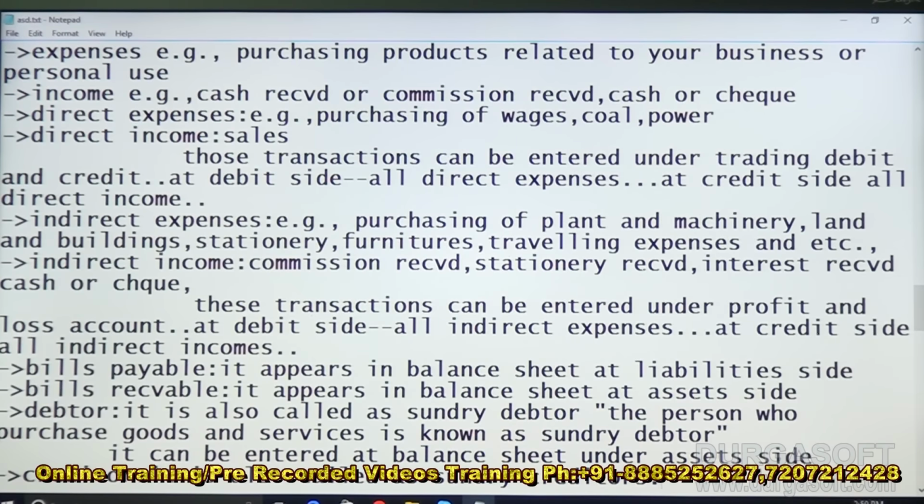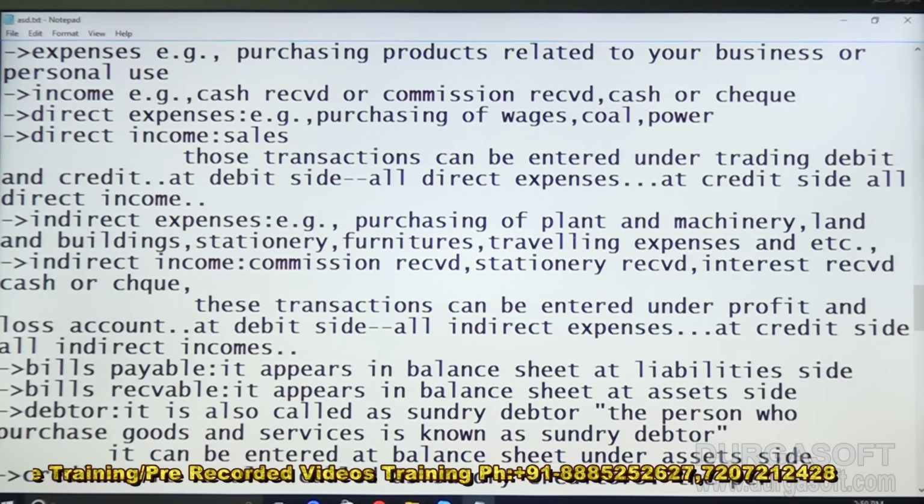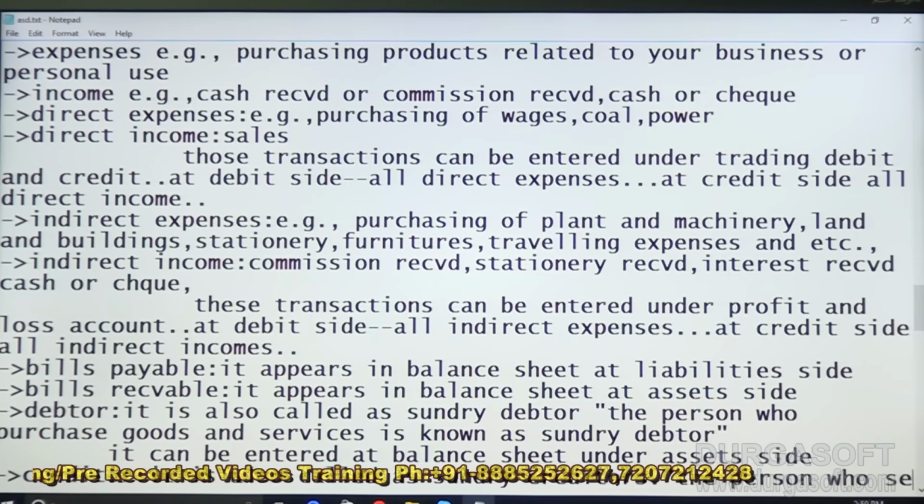Here the person who sells the goods and services. In debtor we can see the one who purchases the goods and services.